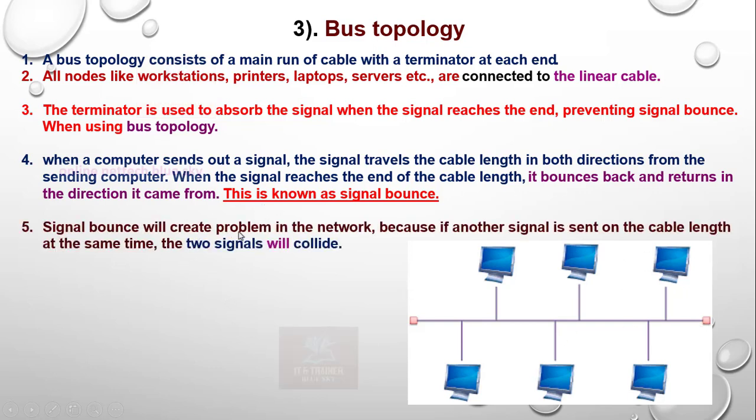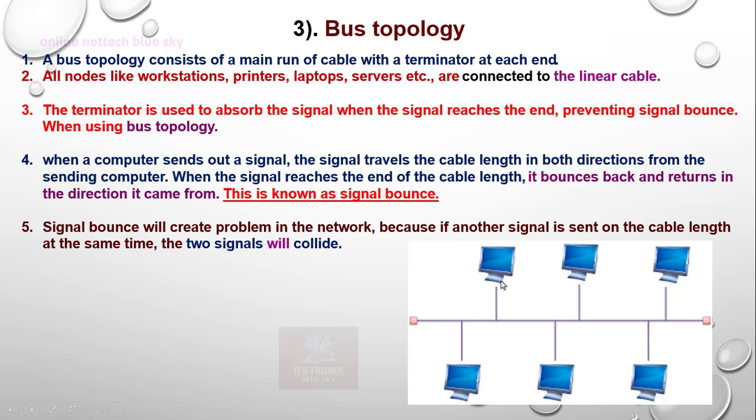So it is one type of problem known as signal bounce. Signal bounce will create problems in the network, because if another signal is sent on the cable at the same time, the two signals will collide. This is a complicated system of bus topology.